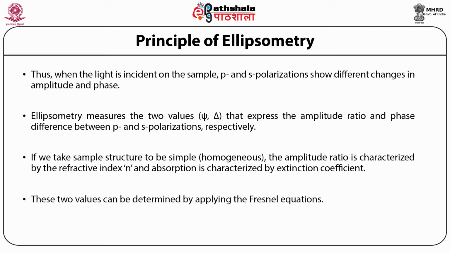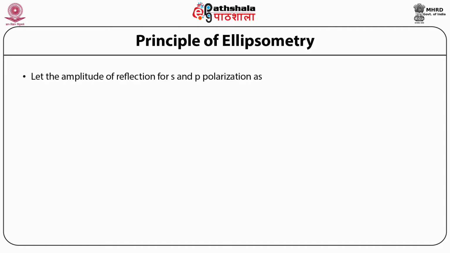These two values can be determined by applying Fresnel's equation. Let the amplitude of reflection for S and P polarization be given by capital P equals tan psi into e raised to the power i delta, which equals Rp divided by Rs.